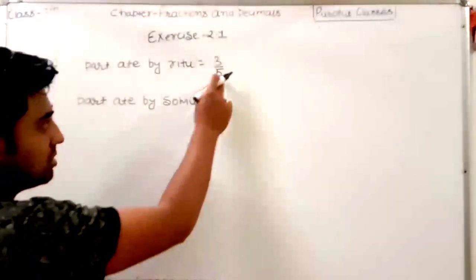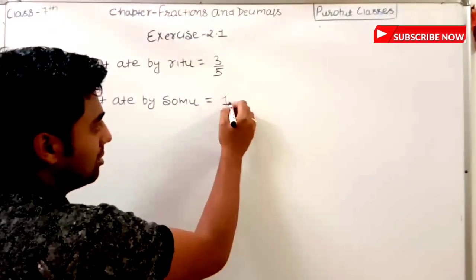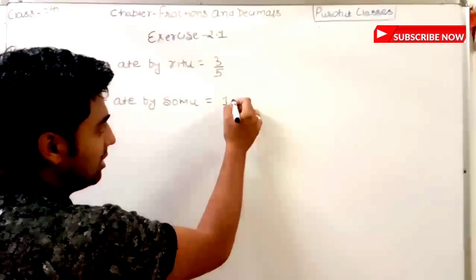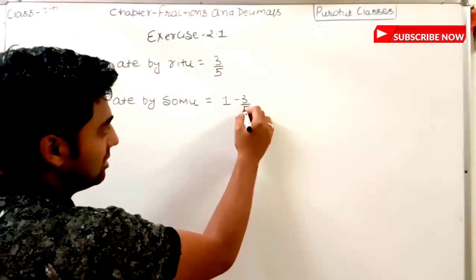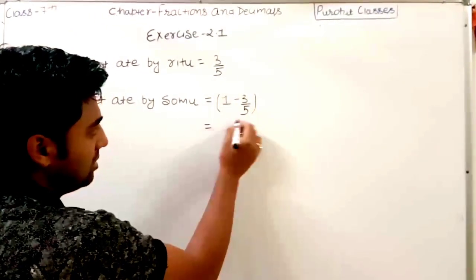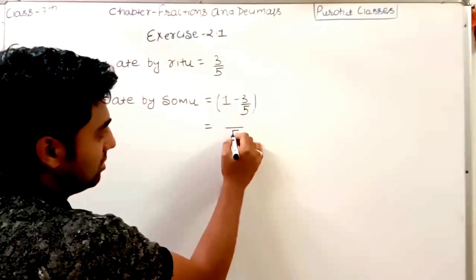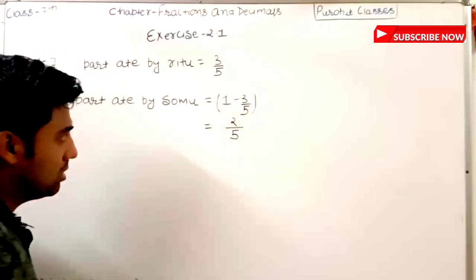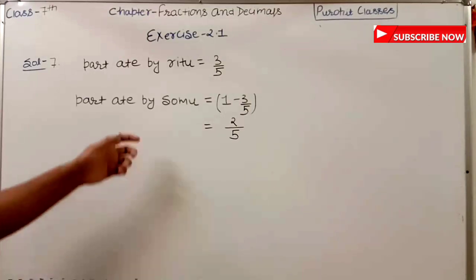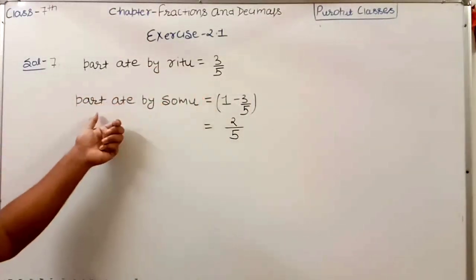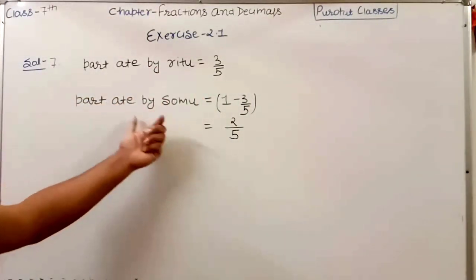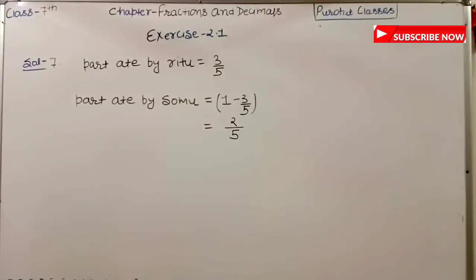As you know, the whole apple will be represented by 1, and out of this 3 by 5 part has been eaten. So if we simplify it, this will be 2 by 5. So 3 by 5 part was eaten by Ritu, and 2 by 5 by Somu.